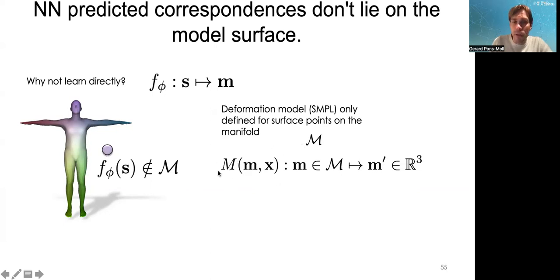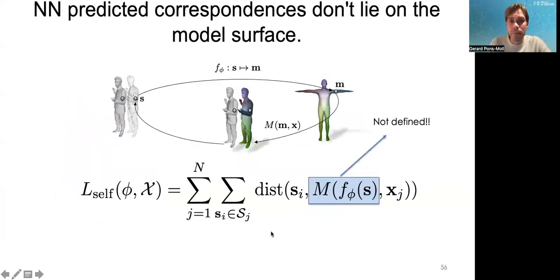The simple model is a function that takes points in the rest pose M and some pose and shape parameters and maps them to a transformed space M prime. But the points need to be on the manifold. So what do we do if f of phi of S does not lie on the manifold? The manifold, I mean the surface. Here we have a problem because we're plugging into this function M, which is expecting points on the surface, points that might be off the surface.